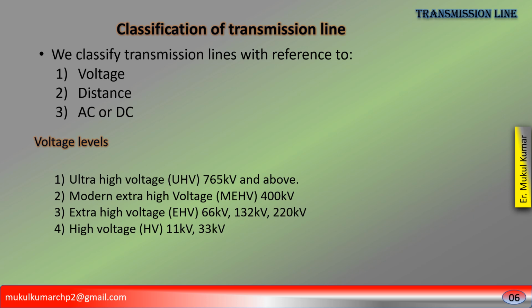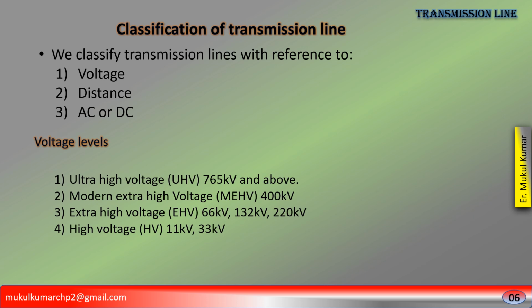And now our next point is classification of transmission line. We classify transmission line with reference to voltage, distance, and AC or DC. In voltage level, first is ultra high voltage, which is 765 kV and above.